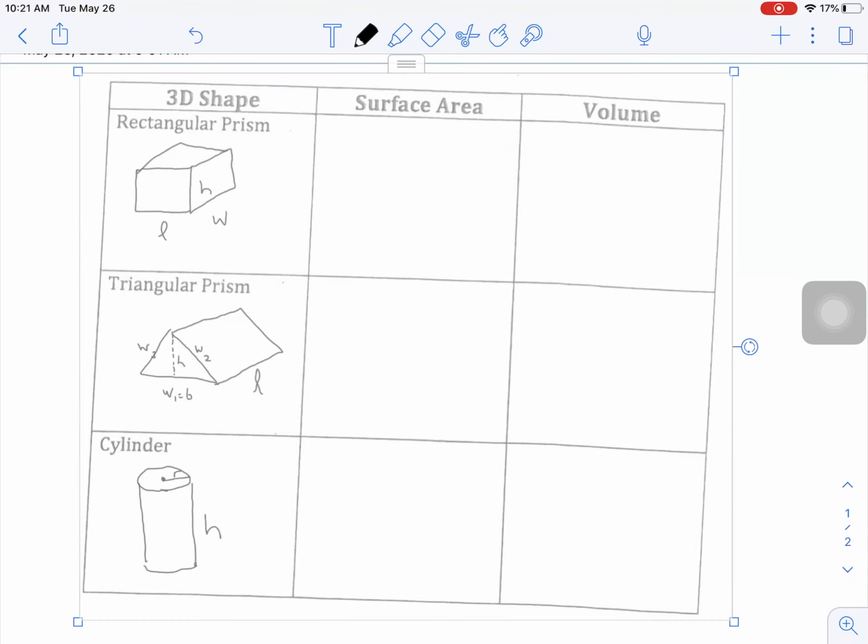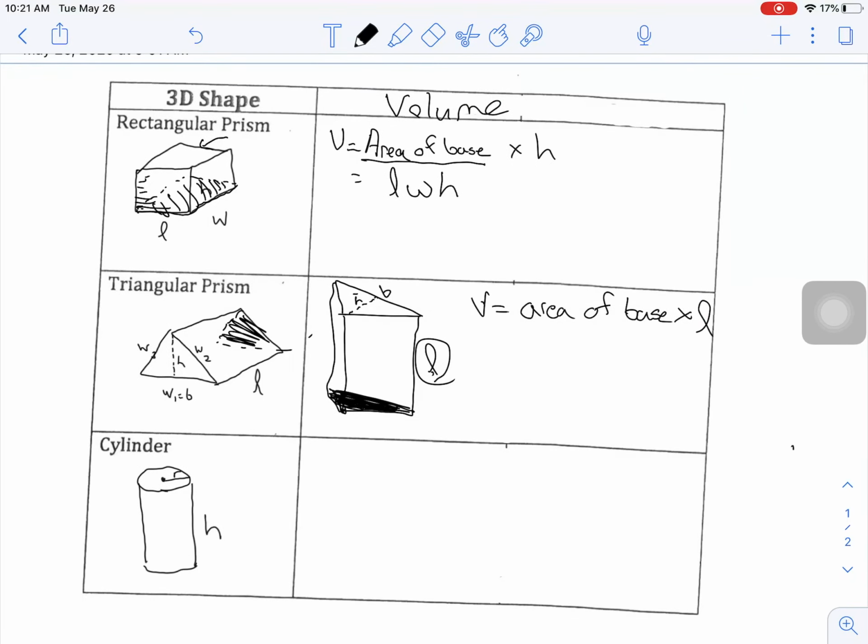So, area of the base: area of a triangle is base times height divided by 2, times the length of that. So to simplify, base times height times length divided by 2.